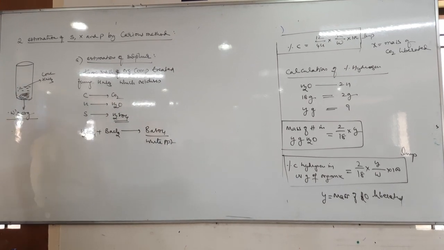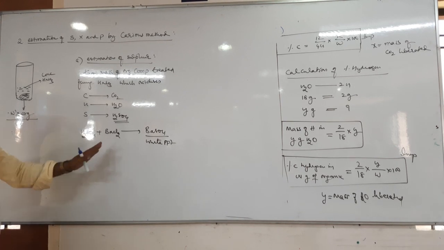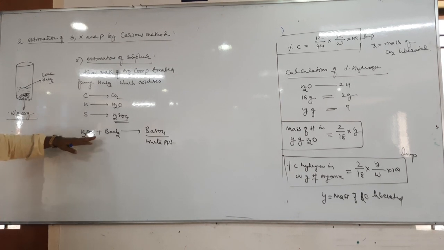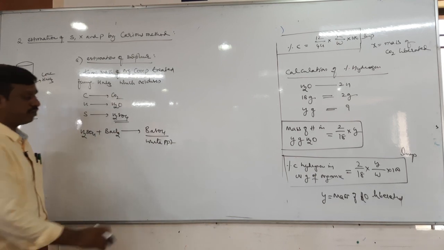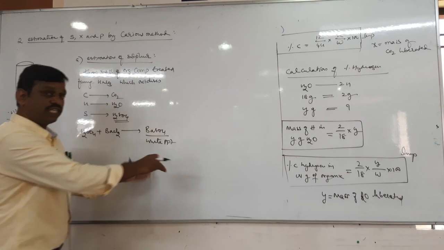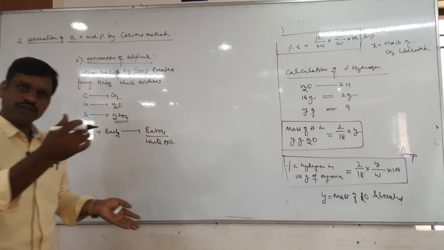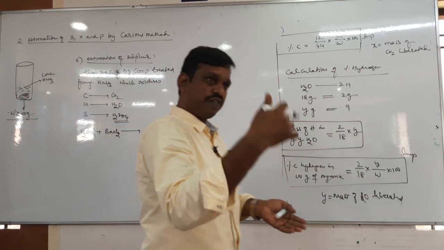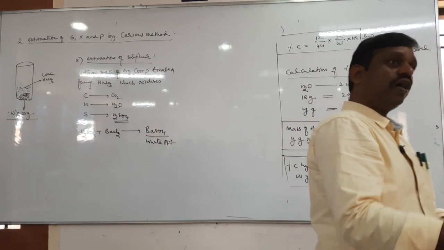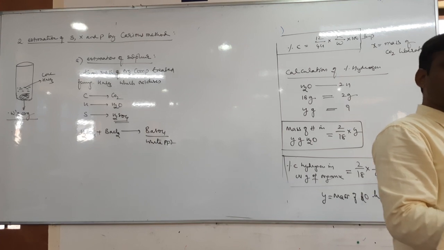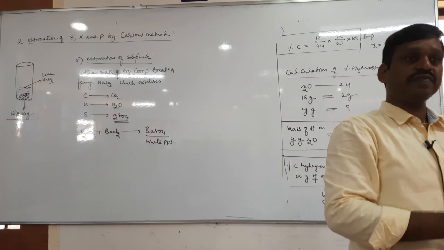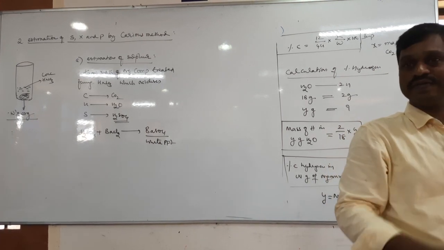This question appeared previously in NEET also. So sulfuric acid reacts with barium chloride and forms barium sulfate, a white precipitate. It is filtered, washed, dried, and after drying, the weight is taken.